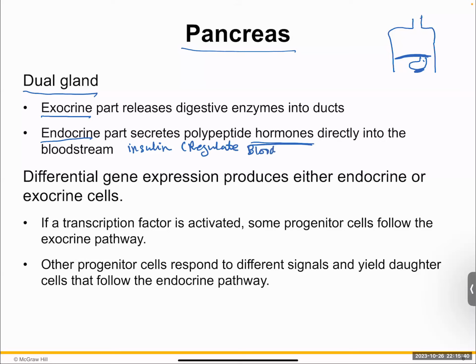And again, I'm going to keep talking about this in many senses because glucose is such an important component for our body. Now, what does the exocrine function imply? It means it does something that's not related to blood or it doesn't release material into the blood. So in this case, exocrine means that it's released into a cavity, which is your digestive system. So pancreas is actually producing a bunch of digestive enzymes that are going to be responsible for the process of digestion.